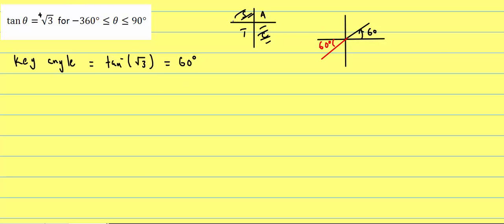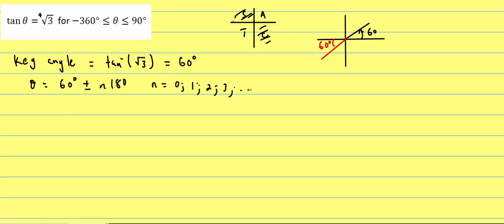Now let's go ahead and find the general solution for tan theta. It's going to be equal to, so theta has to be equal to 60 degrees plus or minus n. Now the graph of y is equal to tan theta is going to repeat itself after every 180 degrees, so it'll be plus or minus n 180 degrees, and again n is equal to 0, 1, 2, 3 and so on.